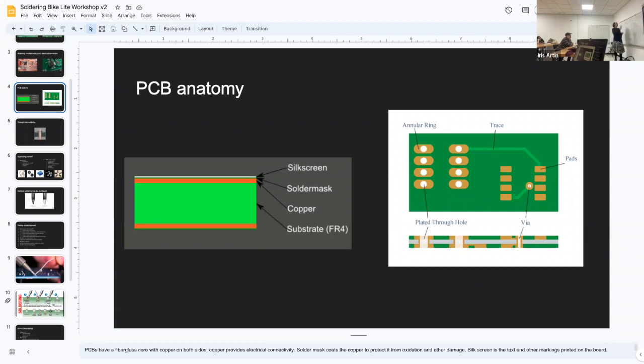Let's say I remove copper from everything here in the middle and over here. Now you have some copper up here and some copper up here. If I leave copper between these two, I've made an electrical connection from this point to this point, and from this point to this point, but not from here to there.